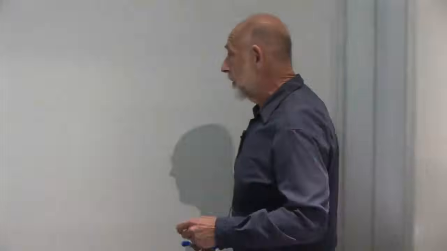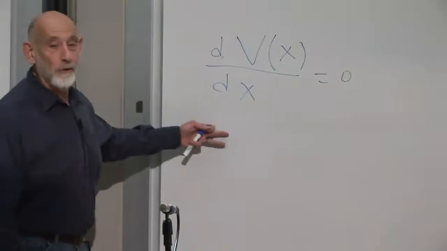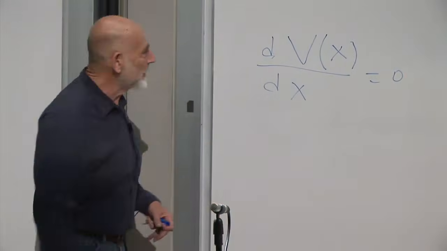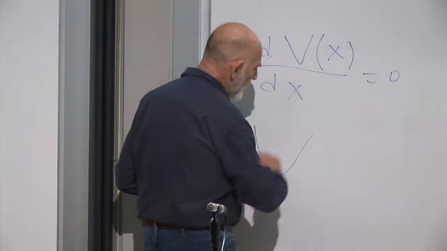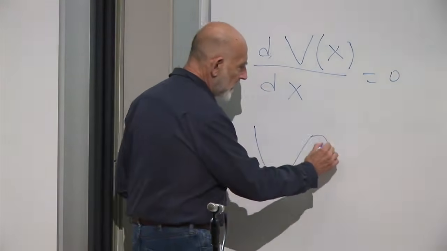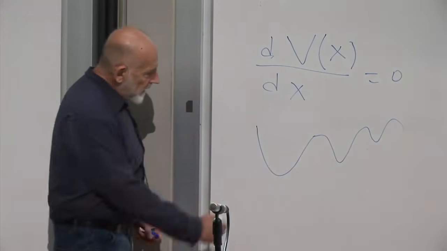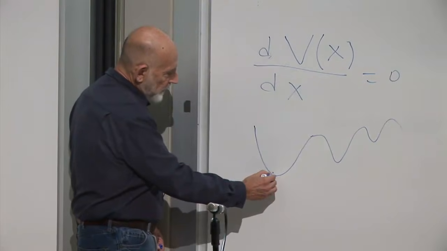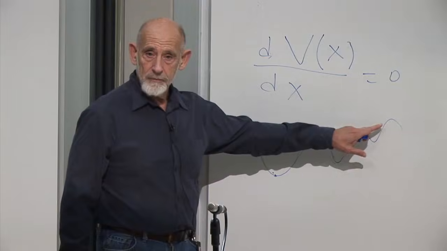And another way of saying that is that the potential energy is stationary. What does stationary mean? It means that the derivative is equal to 0. That's all it means. Okay, but if you want to draw a graph of the potential, where in this graph are the forces equal to 0? They're equal to 0 where the derivative is equal to 0, at the minima and the maxima of the functions.